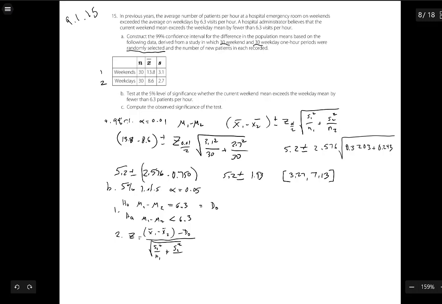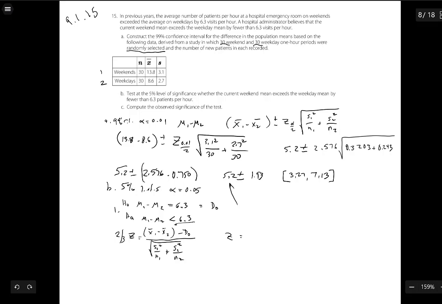Not sample size squared, that's the sample deviation squared, the standard deviation squared. There we go. If we actually work this out, steps 2 and 3 go together, because step 2 is determine the statistic, and step 3 is calculate it. As we calculate this one, we have our difference, which we calculated up above. So we can get rid of those to keep it from being too cluttered.